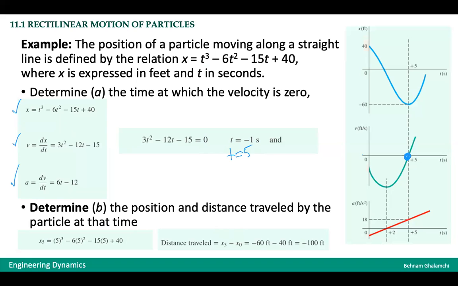And also we know that the velocity is the slope, the derivative of displacement, or slope of the position plot. So you can see at t equals 5 seconds, at this point, it is a horizontal line. Slope is 0. That is telling us that the velocity is 0.